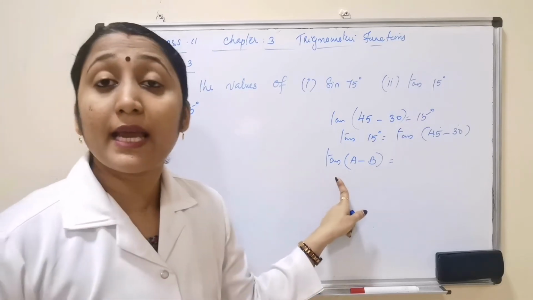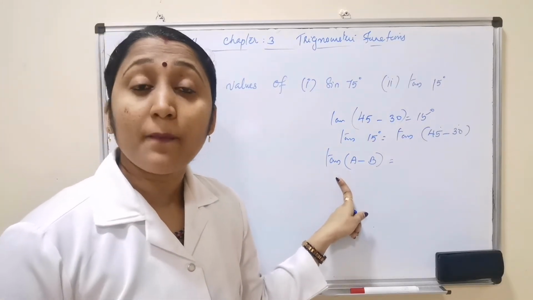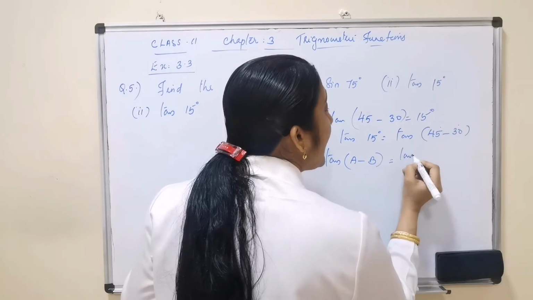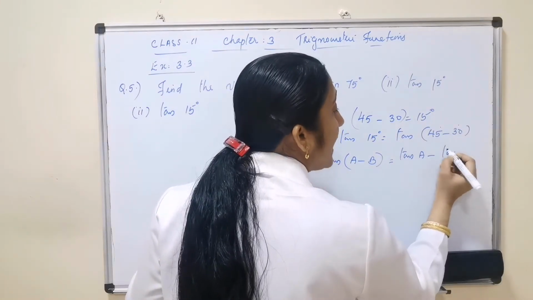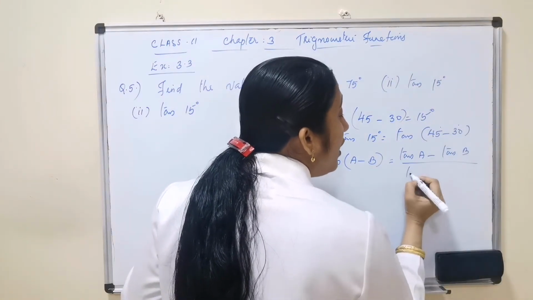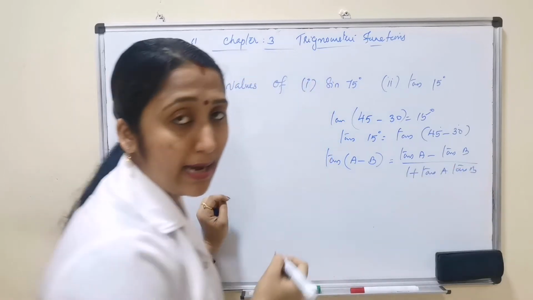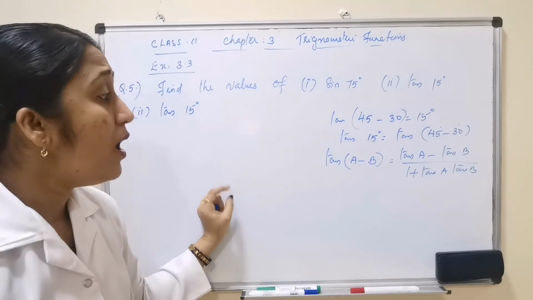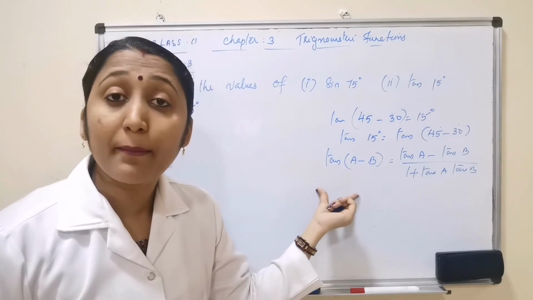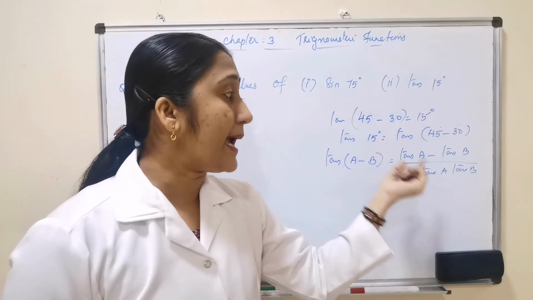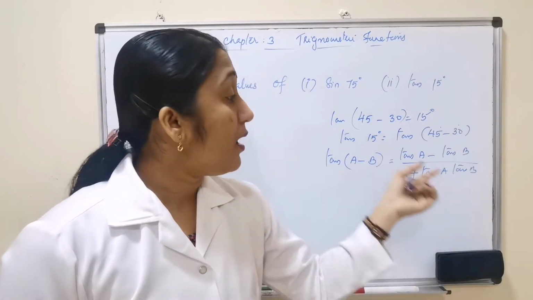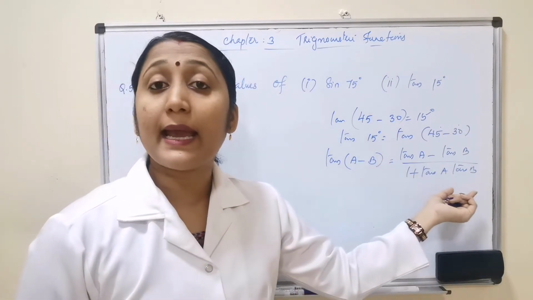So what is tan of a minus b? That is very easy: tan a minus tan b divided by 1 plus tan a tan b. This is the formula. Once more, the formula for tan of a minus b is tan a minus tan b all divided by 1 plus tan a tan b.